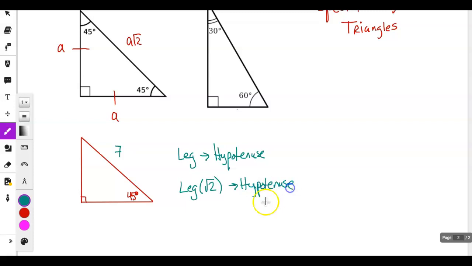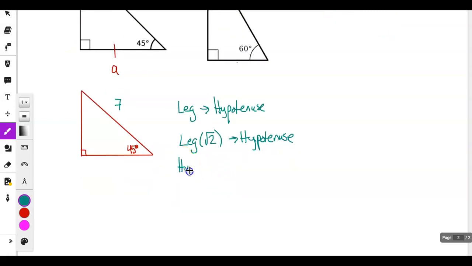If you want to go backwards, from the hypotenuse to the leg, you take the hypotenuse, which I'm going to abbreviate, and divide by the square root of 2, and that gives you the leg.